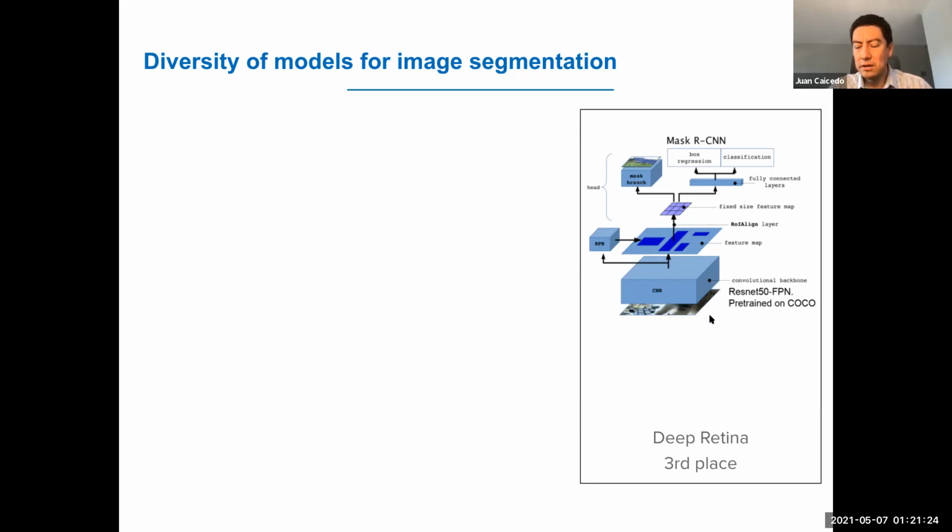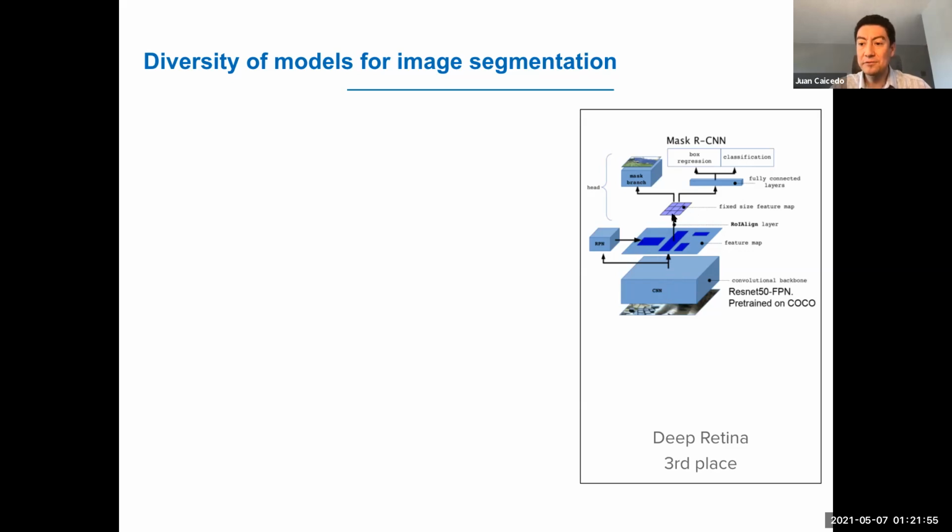And the way it works is that it looks at one image and it decomposes the image in sub-regions. That's the R in the Mask RCNN procedure. These are the regions where the system believes there may be some objects of interest. So there is one region proposal network here, which takes the features from the convolutional neural network and generates some candidates.